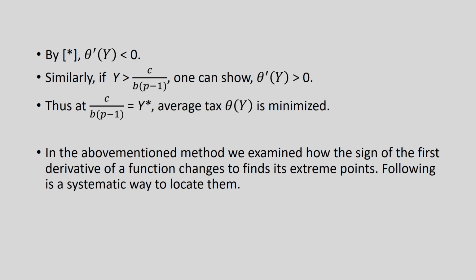So, the idea is that at what particular value of the variable you have a stationary point, right. Stationary point means the first derivative is equal to 0, and with that we have to add the conditions that before the stationary point is attained, the first derivative should be positive or at least non-negative, and after the stationary point is attained, the first derivative should be negative or at least non-positive.